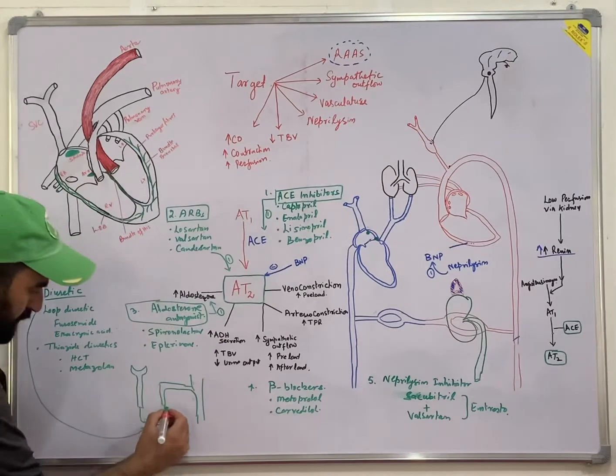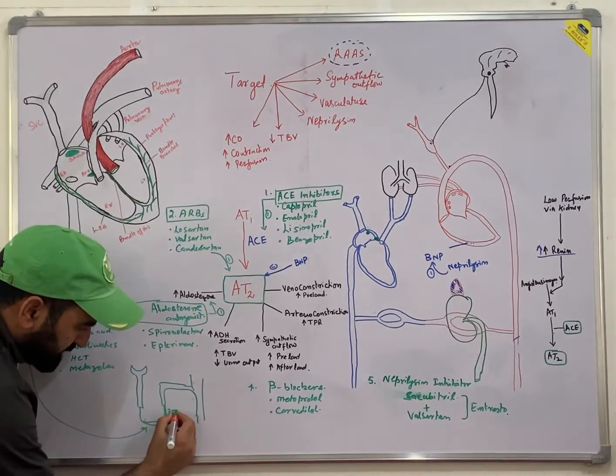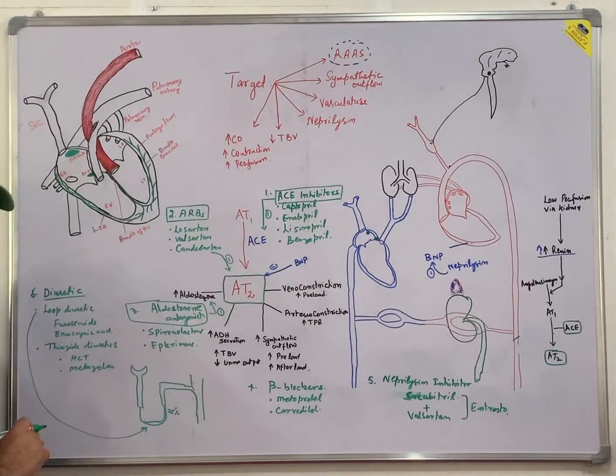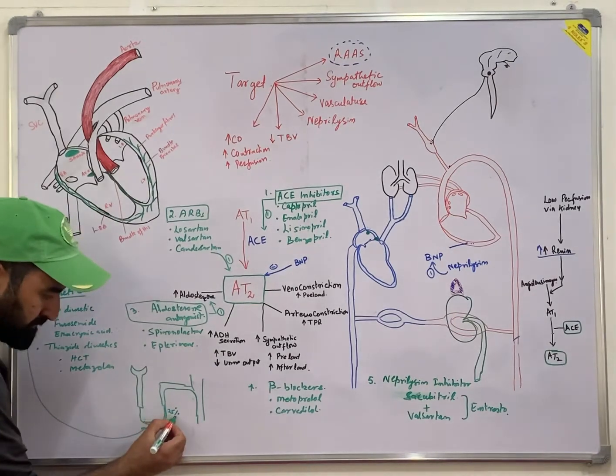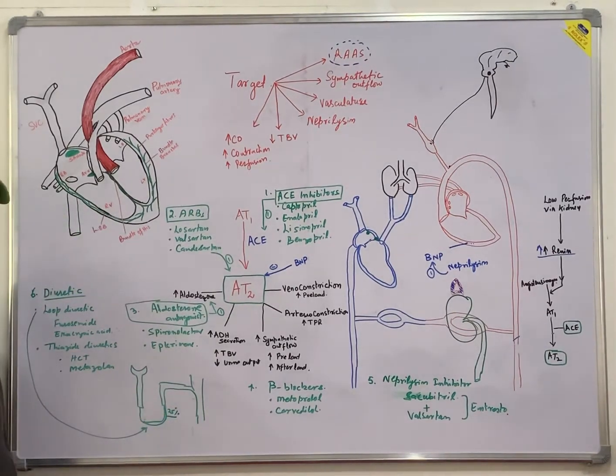Normally, around 25% of the sodium gets reabsorbed from the loop of Henle with the help of the sodium potassium chloride channel.